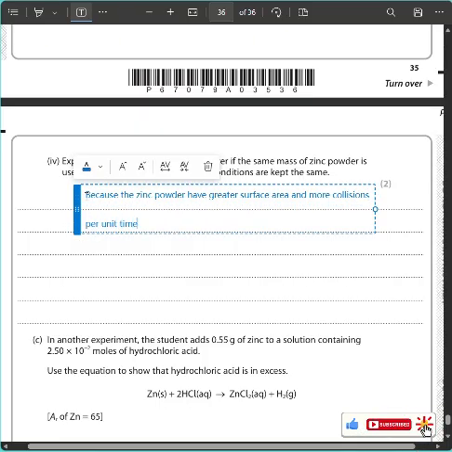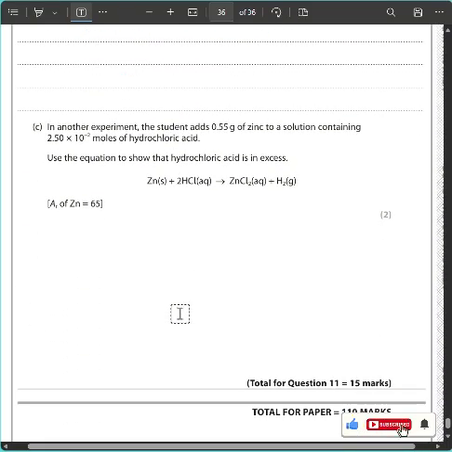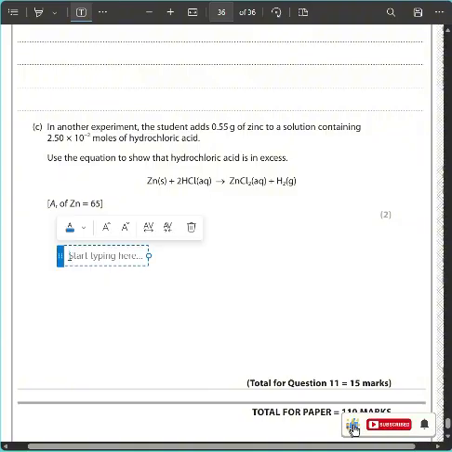In another experiment, the student adds 0.55 grams of zinc to a solution containing 2.5 multiplied by 10 to the power of minus 2 moles of hydrochloric acid. Use the equation to show that hydrochloric acid is in excess. Okay. First, we should find the moles of zinc. 0.55 divided by 65 is 8.546 multiplied by 10 to the power of minus 3.